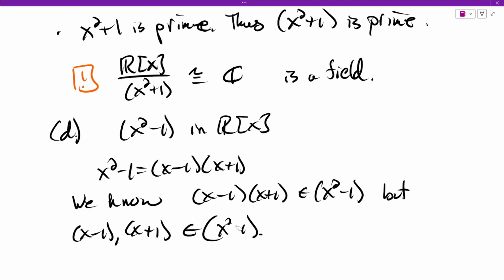Because when you're in this ideal, you're multiples of something of degree 2. So your degree is at least 2. Whereas x minus 1 and x plus 1 have degree 1. So they are not in that ideal. So we have a product being in our ideal, but neither of the terms of the product are in our ideal. So this ideal, the ideal generated by x squared minus 1, is not prime.